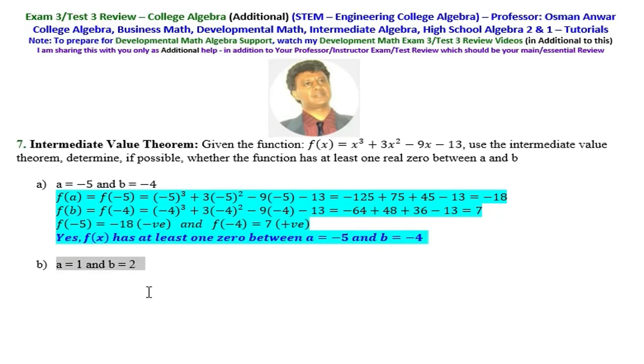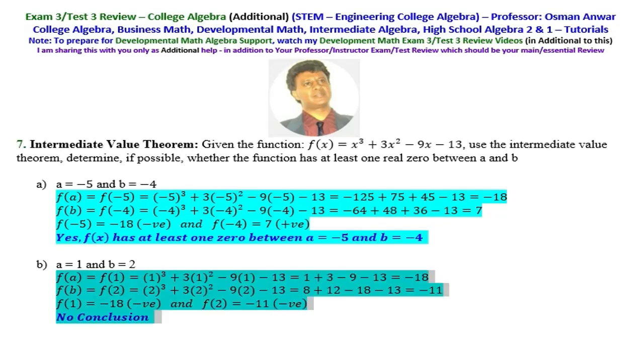B, a is equal to 1 and b is equal to 2. Then f of a is f of 1, which is 1 cubed plus 3 times 1 squared minus 9 times 1 minus 13, which is 1 plus 3 minus 9 minus 13, equal to minus 18.